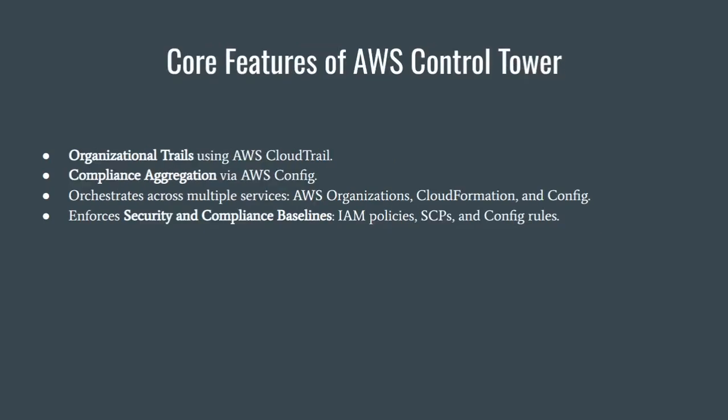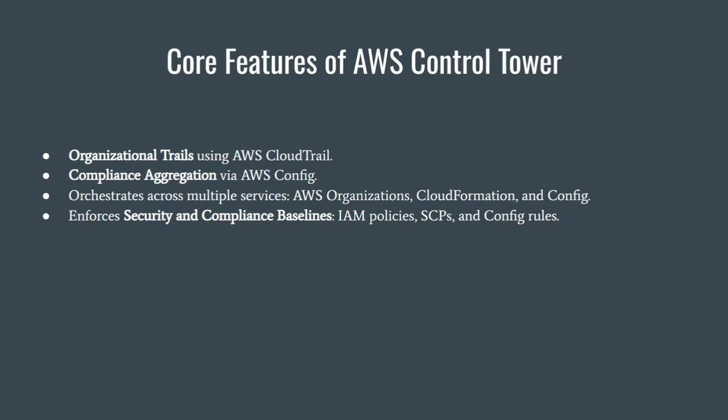From a security and compliance perspective, AWS Control Tower does a lot of heavy lifting. By default, it sets up AWS CloudTrail to log all activity across your organization and AWS Config to continuously monitor compliance across accounts.